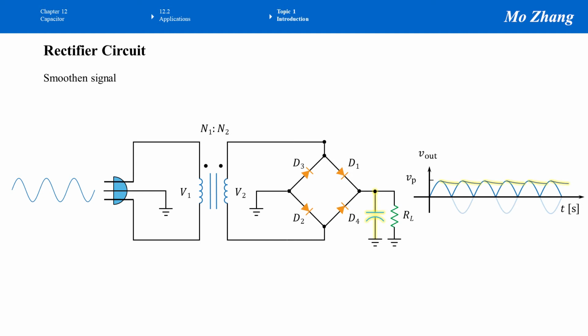So as you can see, the output waveform is a smoothed out signal. It looks kind of flat now. At least it's flatter than before, than without using this capacitor. Of course, we need to implement different techniques later to make it like a straight line.